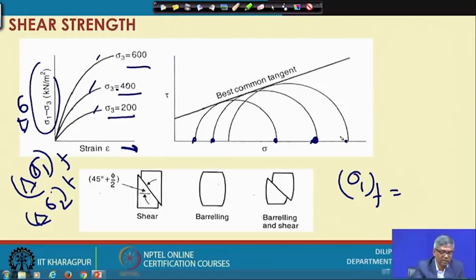Then for the third stage, I get another delta sigma f, and from there I get another sigma 3 and sigma 1 here. This gives us the circle, and you know that your failure envelope will be tangential to the failure stress circles.